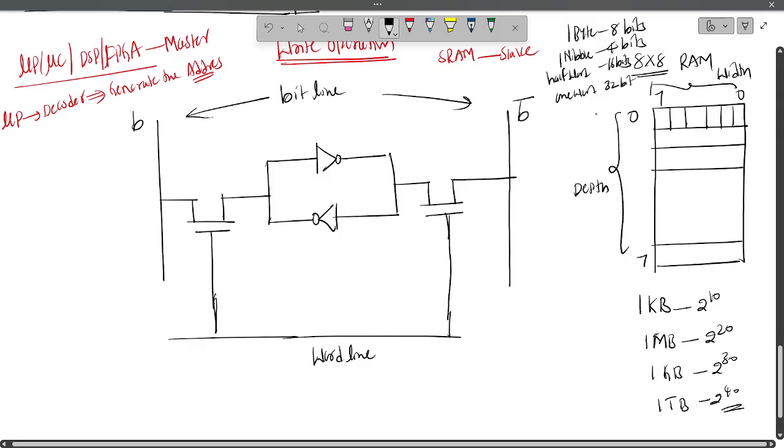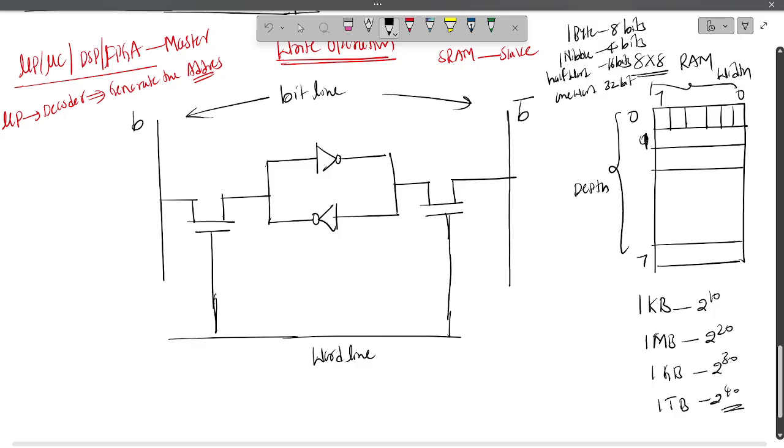Here each and every location has a specific address. Suppose this is an 8 cross 8 RAM, the addresses are 000, 001, 010. So before writing the data into the memory, first you need to identify the address where it should write the data.